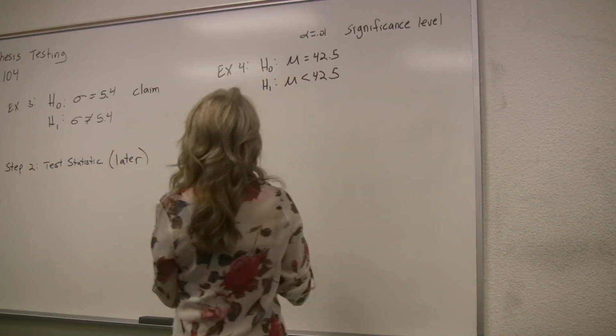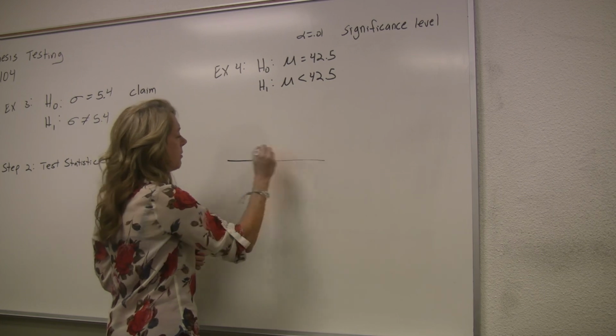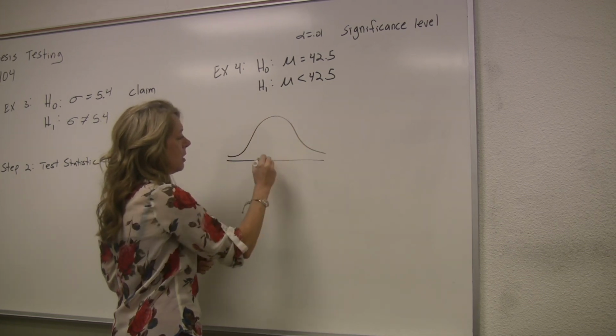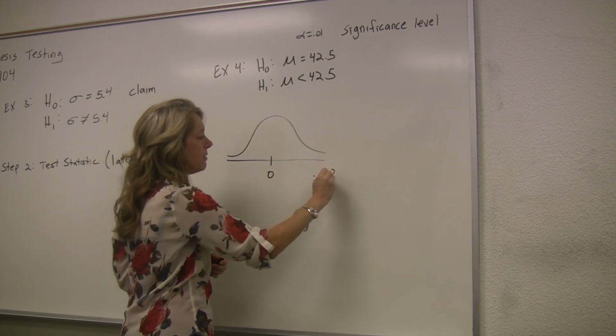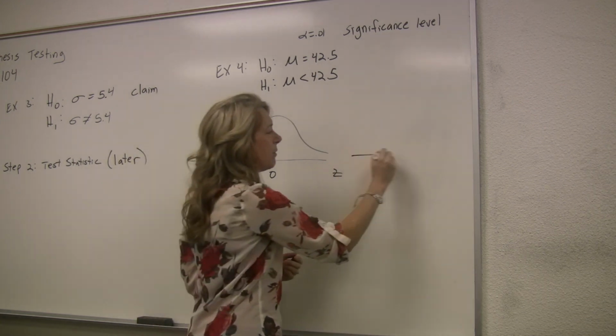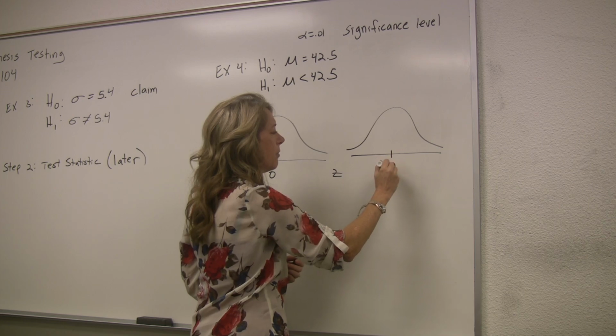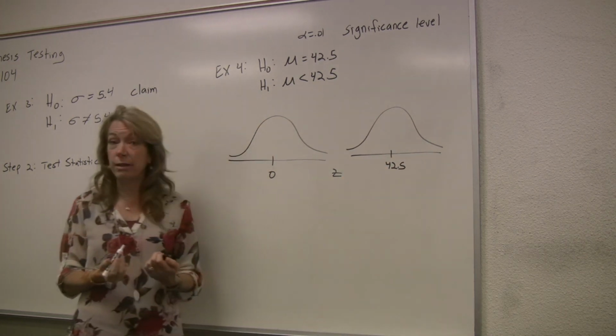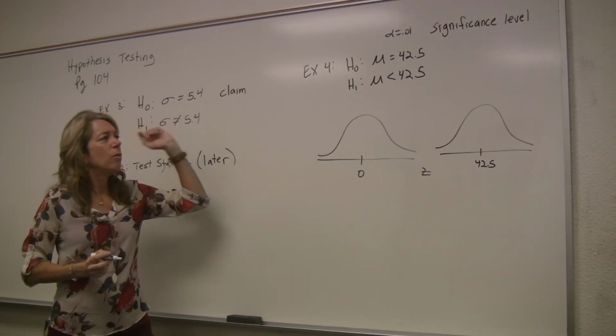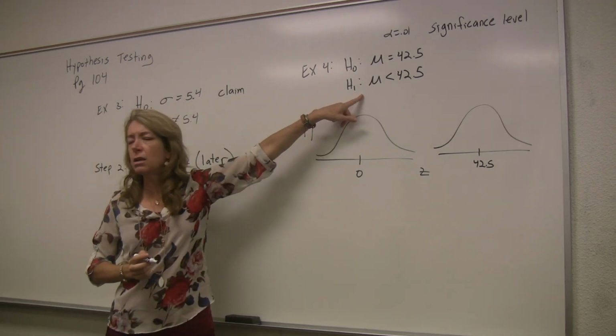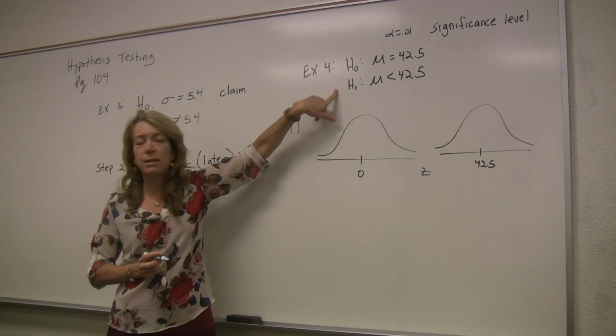So in terms of a picture, we're talking about a normal curve. If we're talking about z's, we have 0 in the middle. If we were talking about this situation here, we would have been talking about 42.5 feet in the middle, right? Where would I have to be to show that H1 is a correct statement?